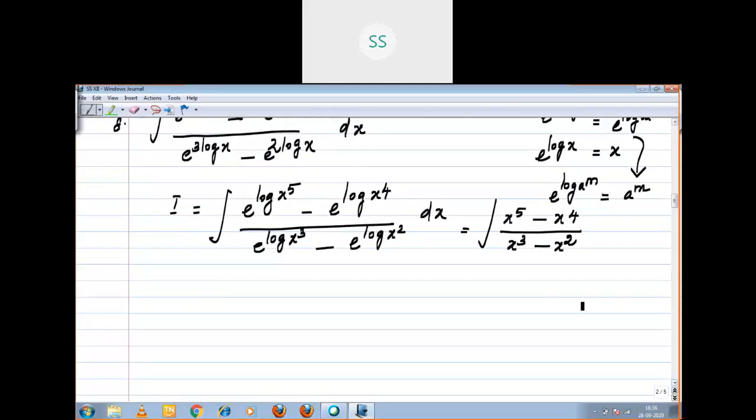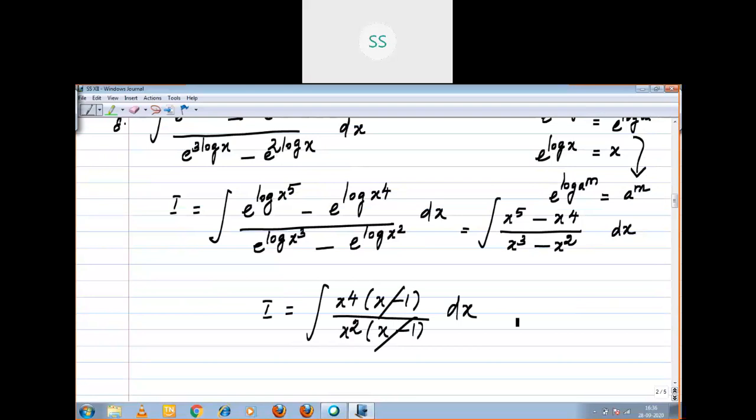Now the least power you are going to take outside as a common. In the numerator, the least power is x power 4. So I equal to integral x power 4 into (x minus 1) divided by x square into (x minus 1) into dx. Cancel.